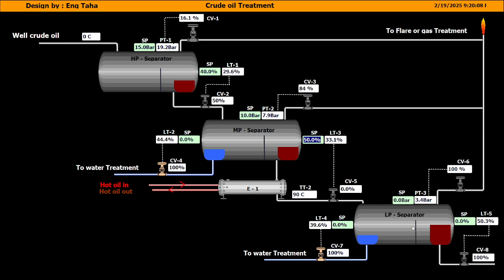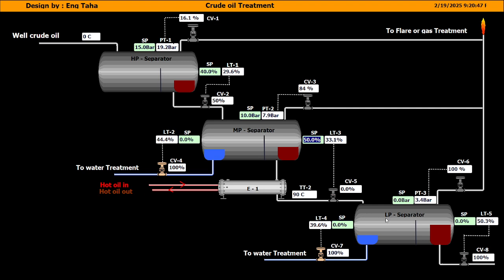Some of the light components in the crude oil will vaporize if I raise the temperature above 90. So I should keep the temperature lower than 90. This is so important information. Here are the hot oil input and hot oil output of this heat exchanger.